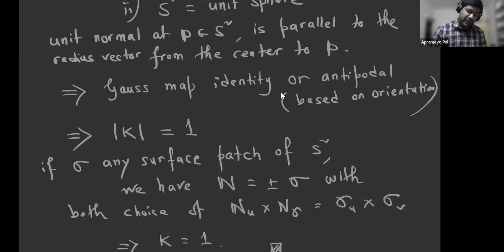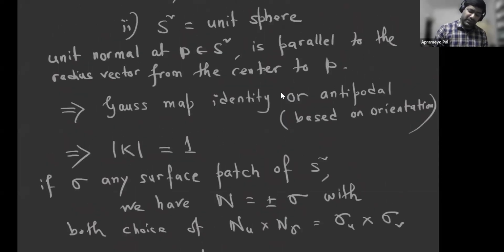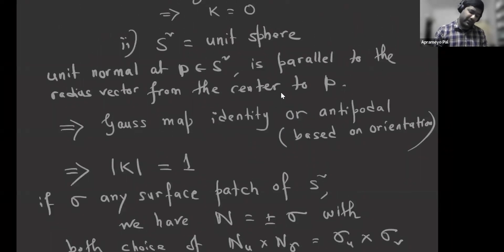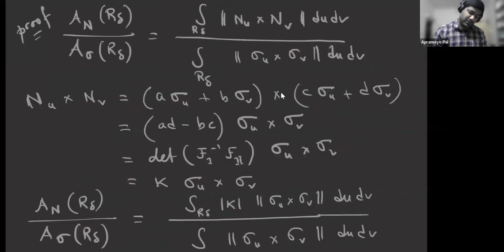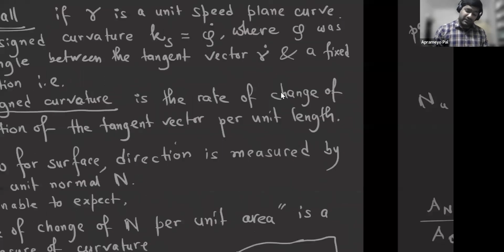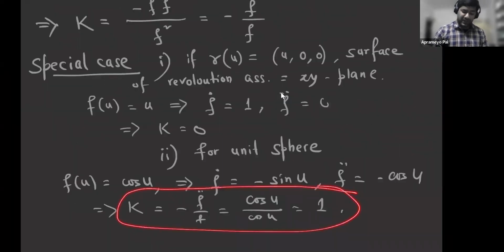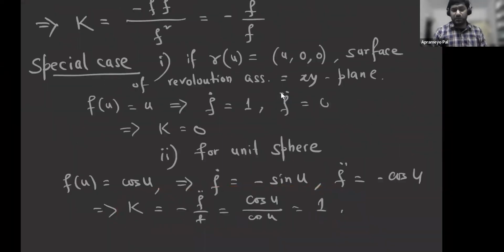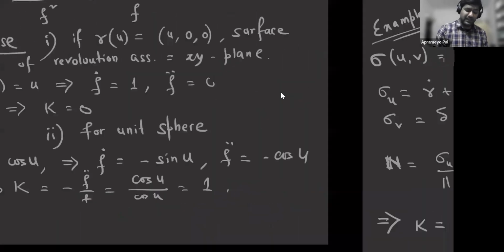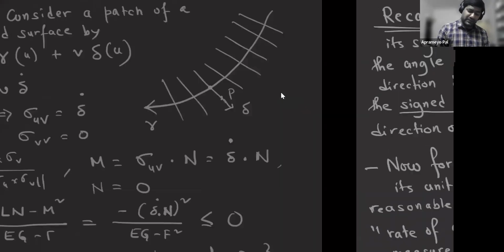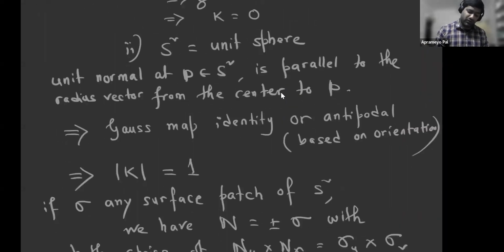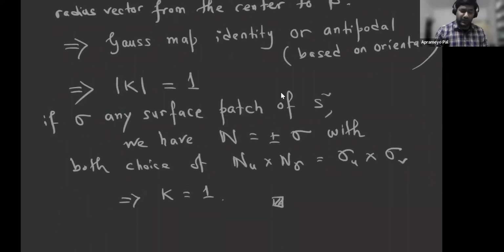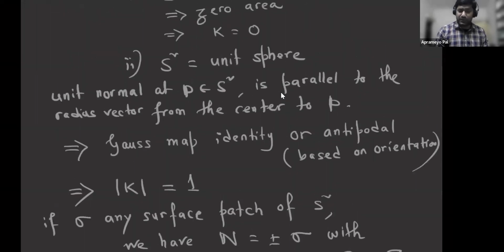Now for proving this K equal to 1, let's come back to the example we also computed, and that needed much computation, right? So this was really a novelty of Gauss's intuition, that almost for free you are getting the curvature of a unit sphere.